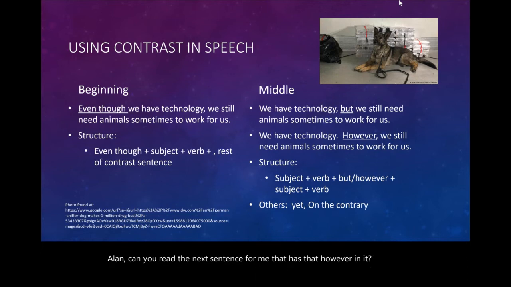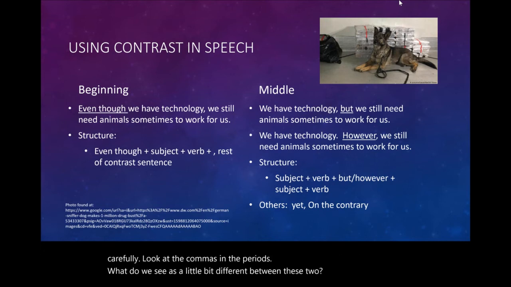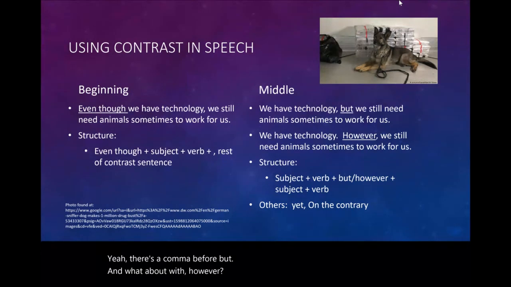Okay, good. So what's the difference between but and however? I want you to look carefully. Look at the commas and the periods. What do we see as a little bit different between these two? Yeah, there's a comma before but. And what about with however? Where we have the comma after the word.